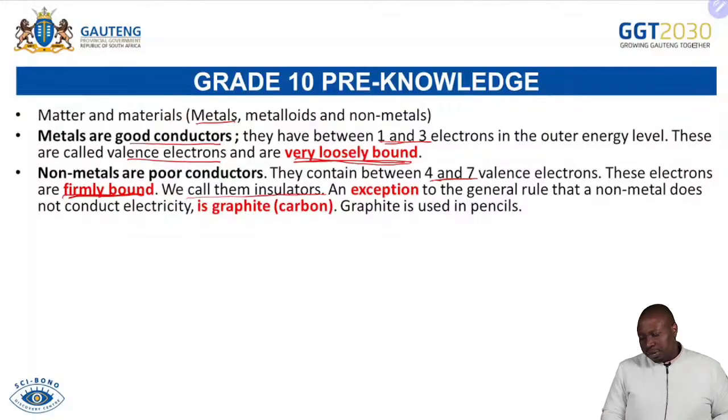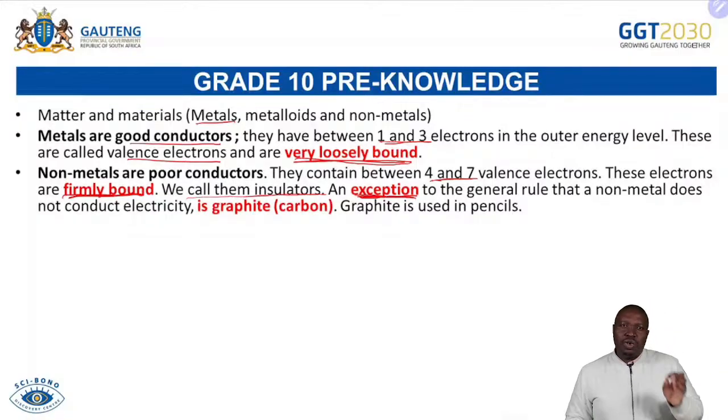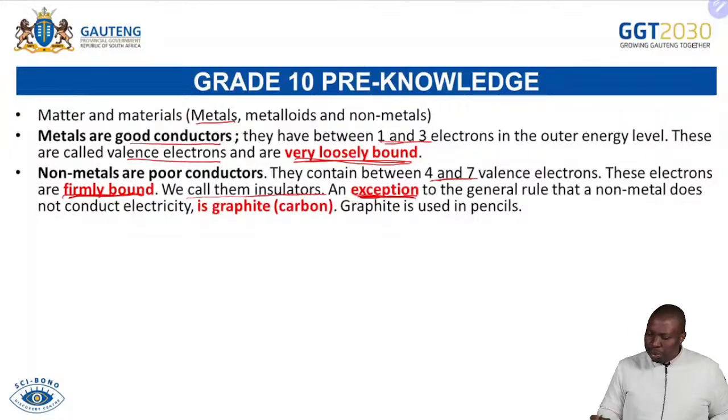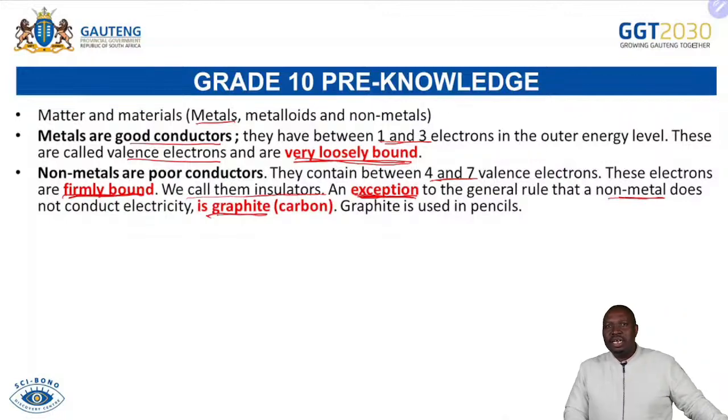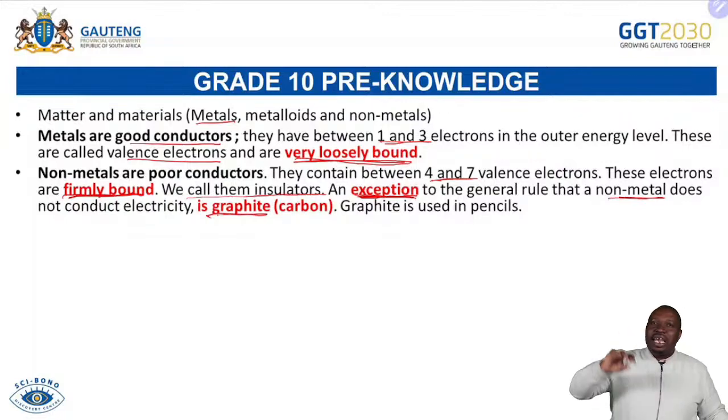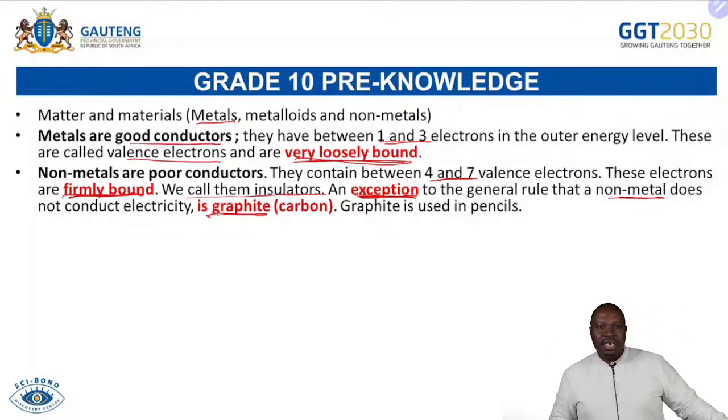But we have an exception. So you don't say that non-metals never conduct electricity, because there is a special non-metal that conducts electricity, called graphite, carbon. I told you about this one. Carbon is a non-metal of a special kind, because it's a non-metal, but it can conduct electricity.